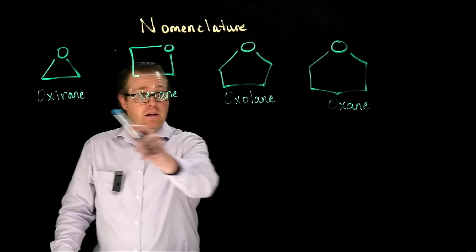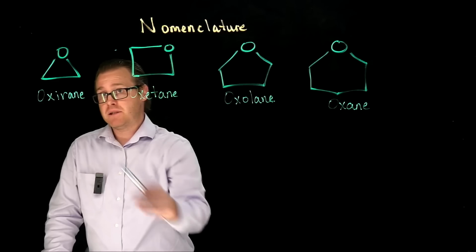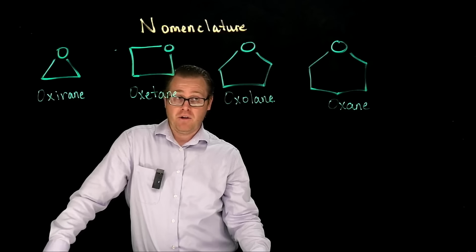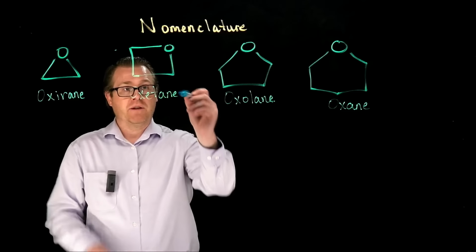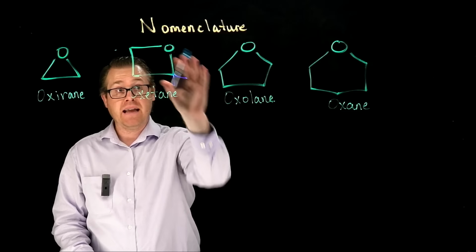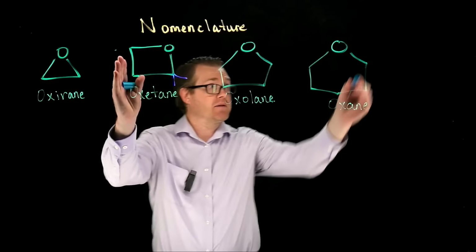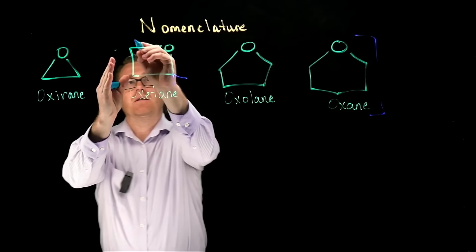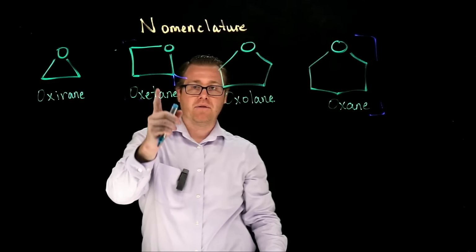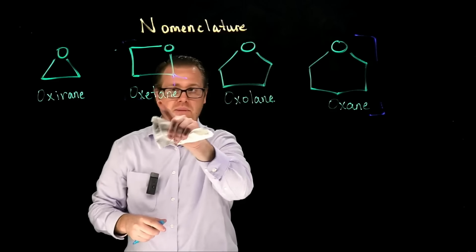I would like you to know those names because it's good to know. Now, when we start adding all kinds of other substituents, am I going to ask you to know how to name these types? No. All I want you to understand about the 4, 5, and 6-membered rings are those base names.